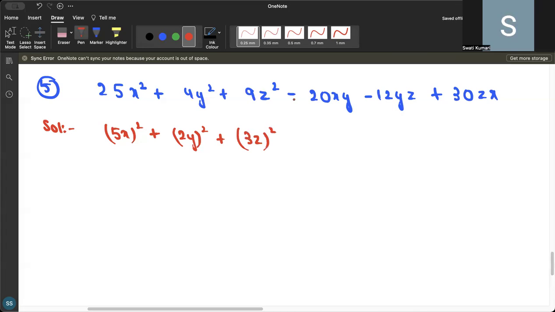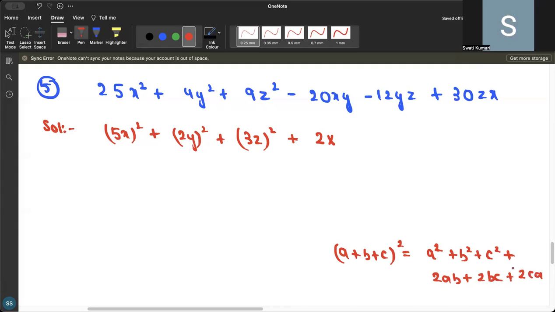But try to understand one thing: here we have minus signs. According to the formula, it will be 2 times AB. Which formula am I using? I'm using the formula of A plus B plus C whole square, which gives A square plus B square plus C square plus 2AB plus 2BC plus 2CA. I'm not writing any plus or minus right now.